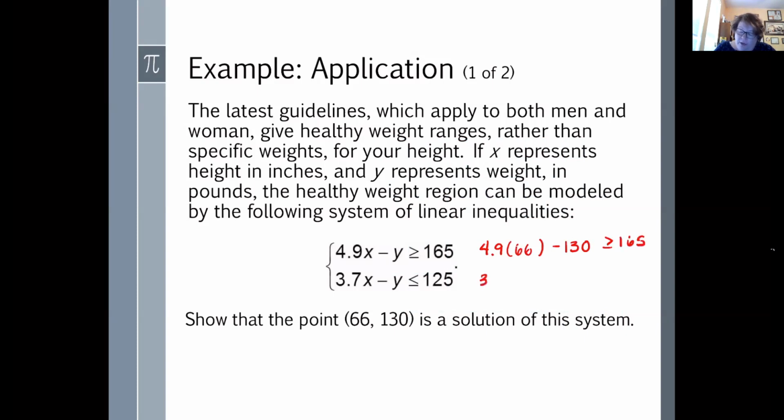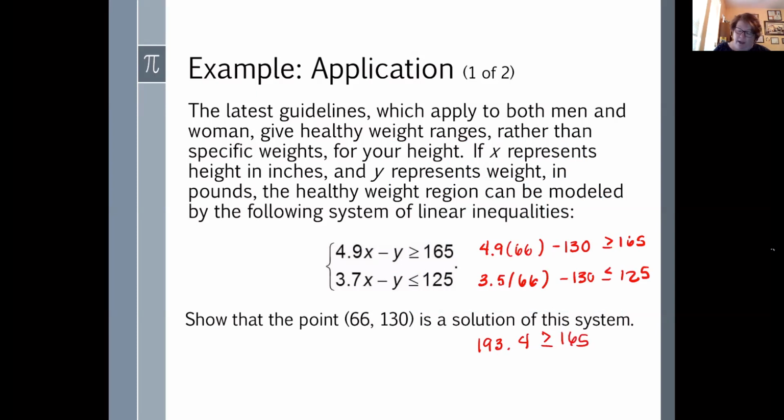And we would substitute 66 in for X and 130 in for Y. And we would show that both of those statements are true, and they are. So you get, for the first one, 193.4, and that is greater than 165.